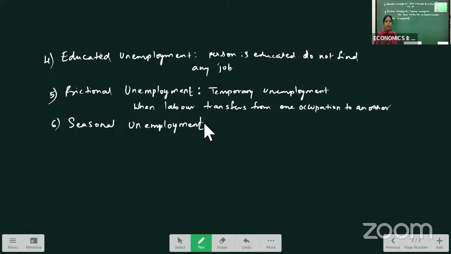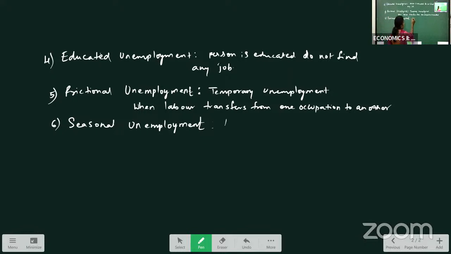In the off season, they do not have any work. When the off season is there, people will be unemployed. That situation is called seasonal unemployment. They won't get jobs throughout the year. They get the job only in the season.